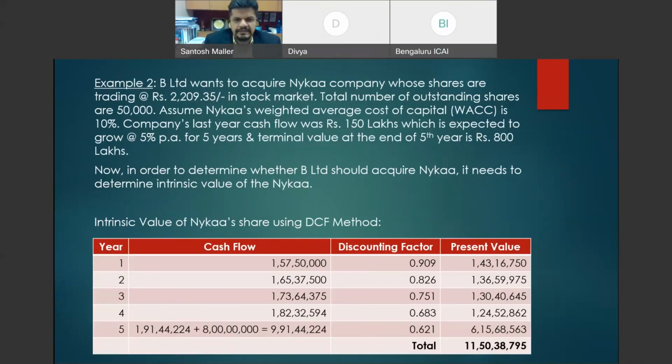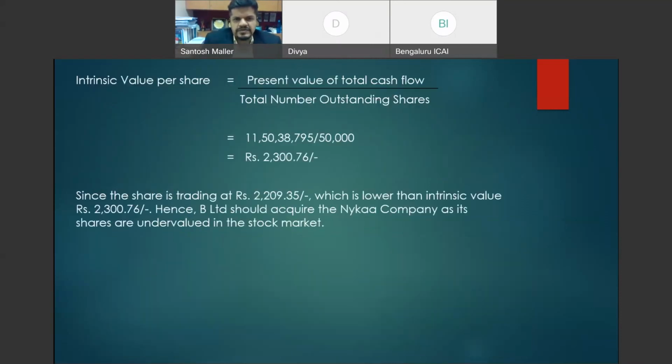So that is typically the intrinsic value that you are looking at from this company. Intrinsic value is the present value of the total cash flows divided by the total number of outstanding shares. So again, here you divide it by 50,000. So you determine the per share intrinsic value. On a per share basis, it comes to 2,300 per share.